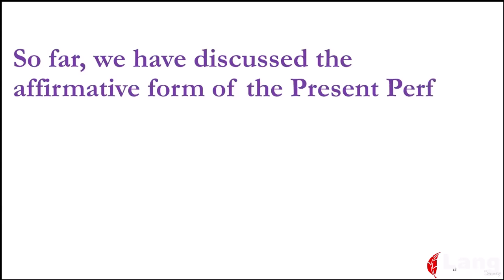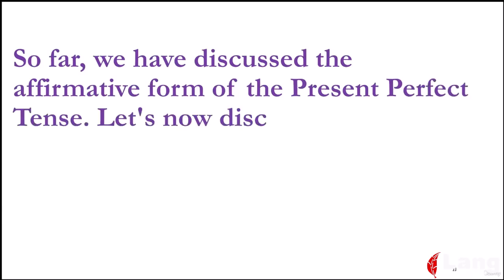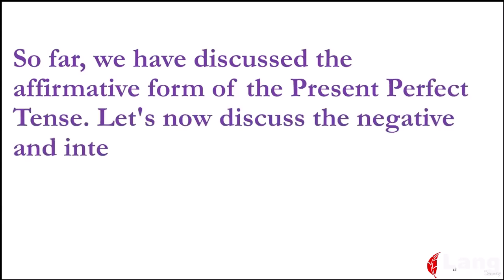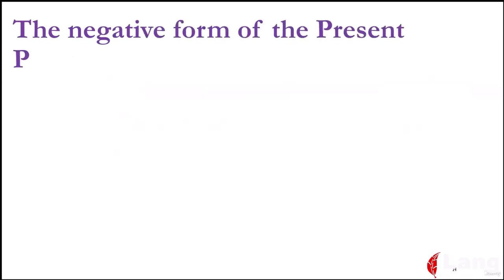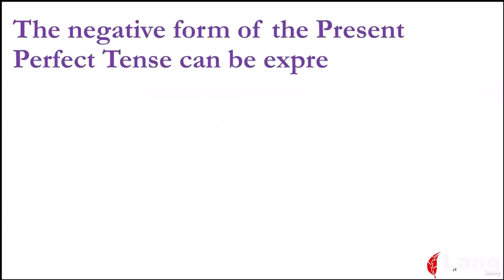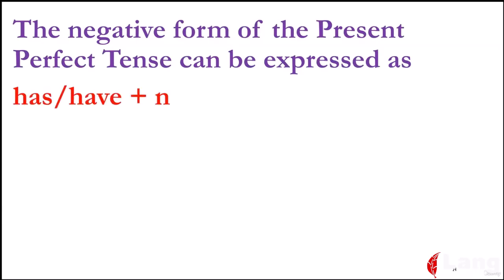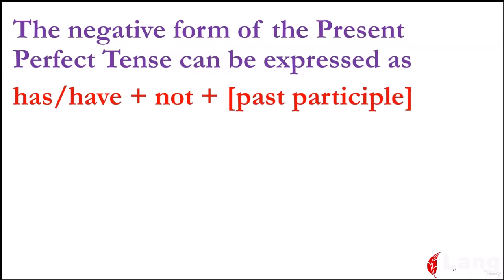So far, we have discussed the affirmative form of the present perfect tense. Let's now discuss the negative and interrogative forms. The negative form of the present perfect tense can be expressed as has or have plus not plus past participle.